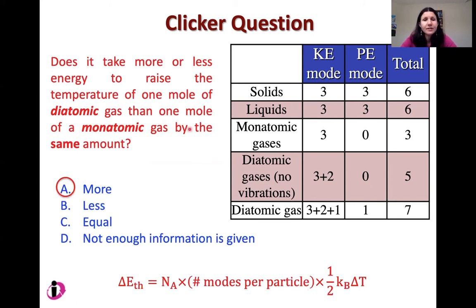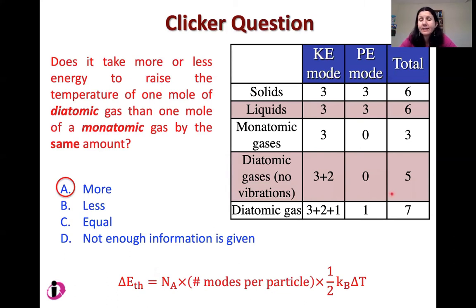It turns out that it will take more energy to increase the temperature of a diatomic gas. Why is that? Thermal energy is proportional to the number of particles, and since we have the same total number of particles, N_A is the same between the 2 gases. So the only difference is the number of modes per particle.